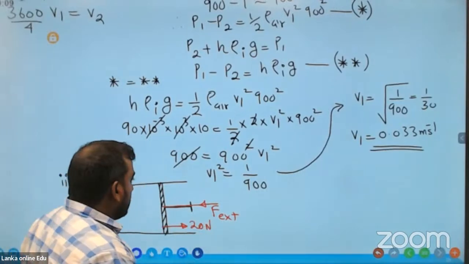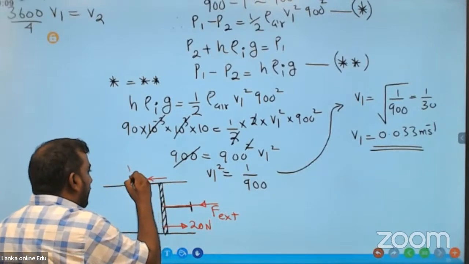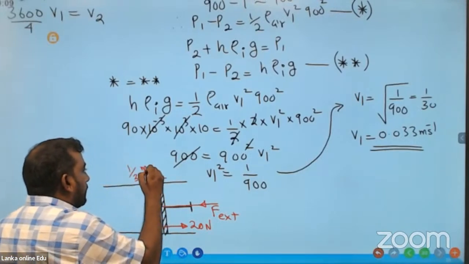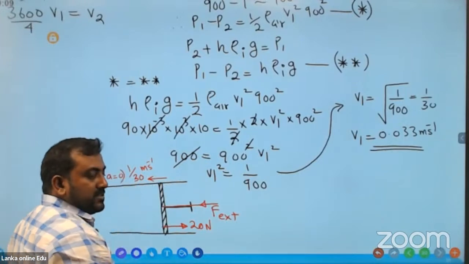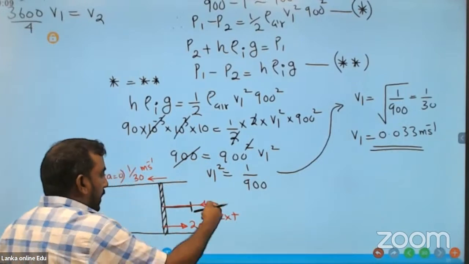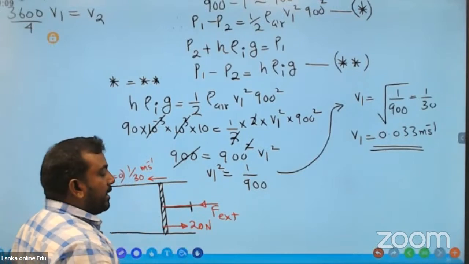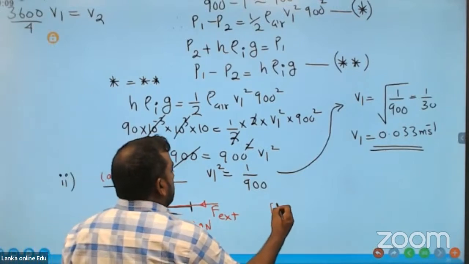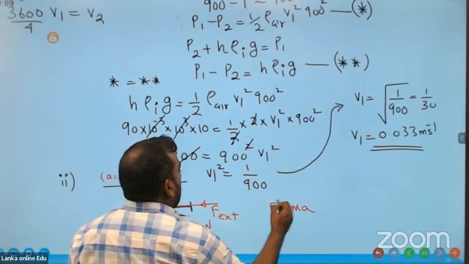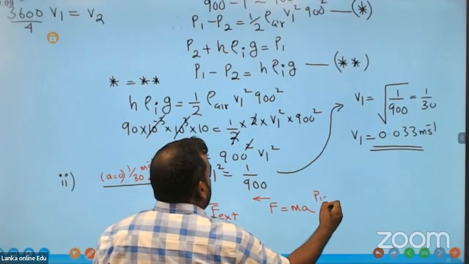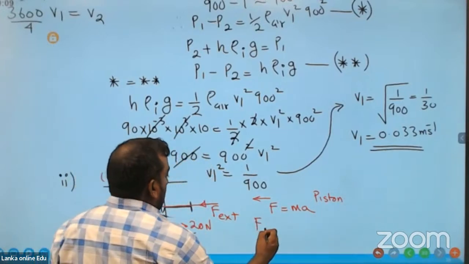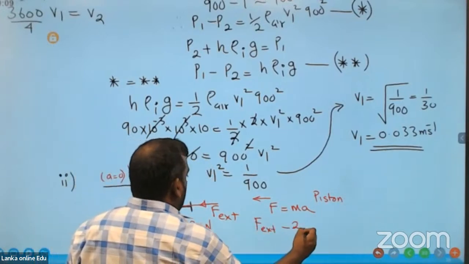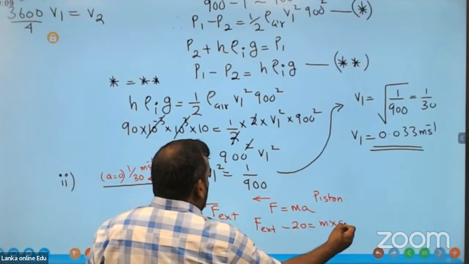Now all of you know this is going with a constant velocity, 1 over 30 meters per second. Constant velocity means acceleration 0. So according to Newton's first law, applied force and resistive force are the same. You can apply F equals ma in the forward direction on the piston: external force minus 20 Newton equals mass into acceleration, which is 0 for constant velocity.